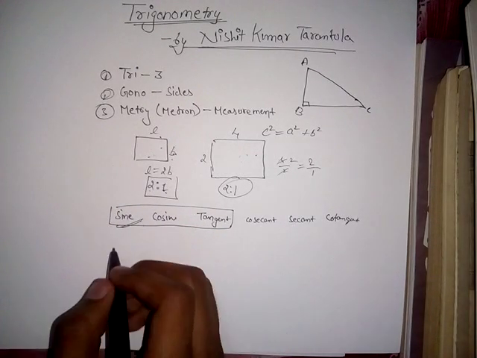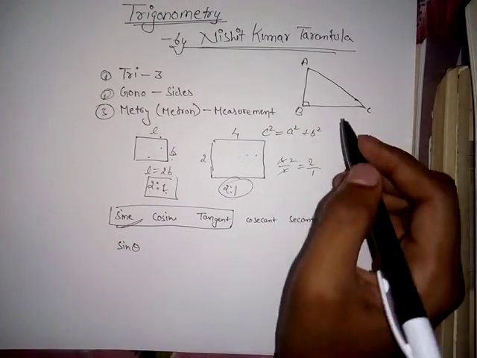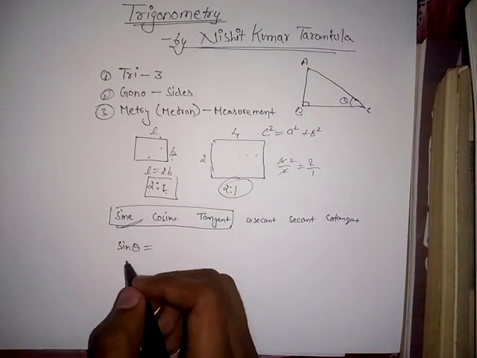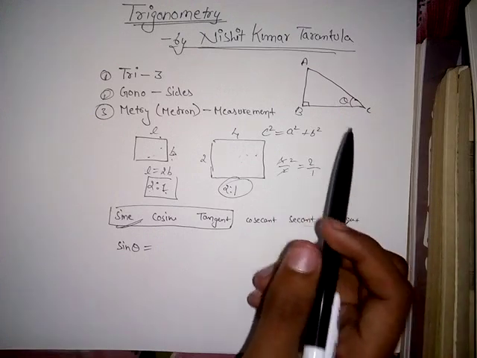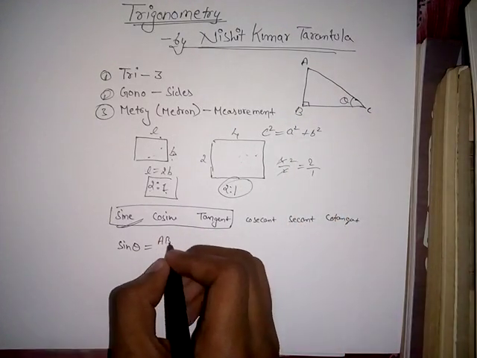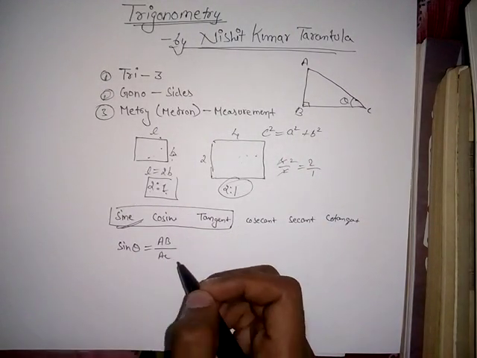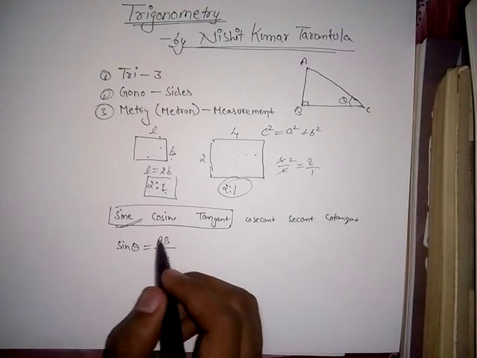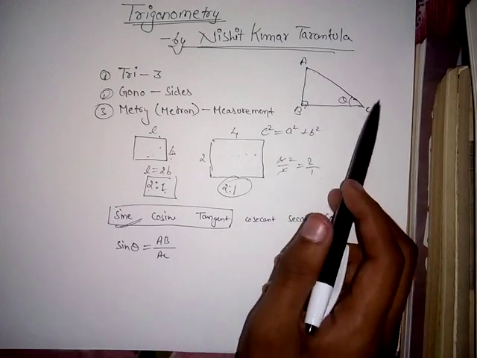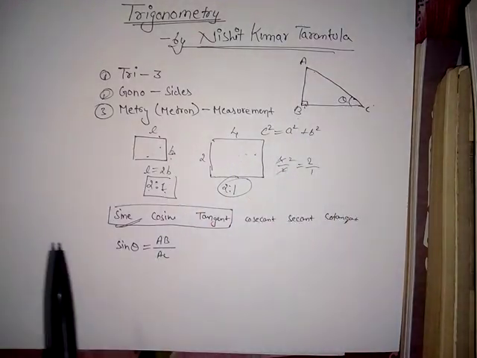Mathematically, it's written as sine of angle theta. Let's say this is angle theta. Sine of angle theta is equal to the opposite of theta, which is AB, over the hypotenuse, that's AC. So sine of angle theta is equal to AB over AC, that is, the opposite over the hypotenuse.